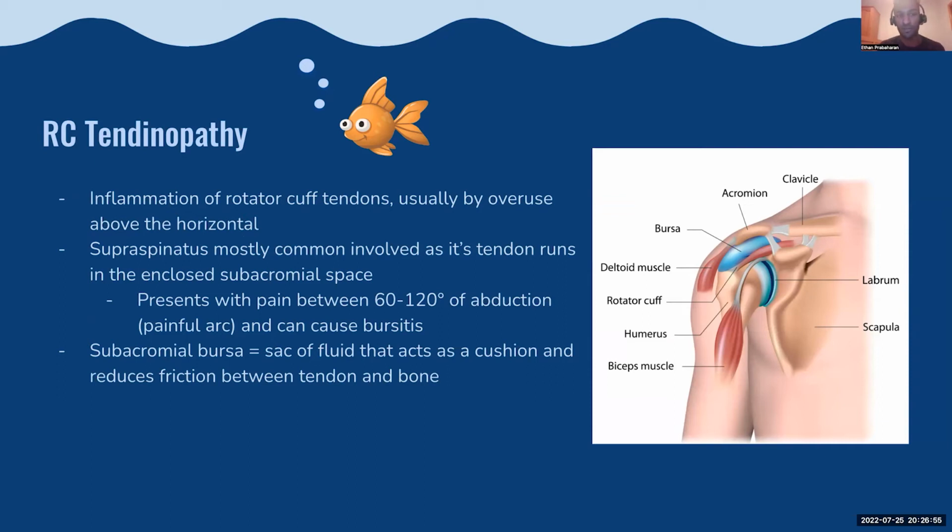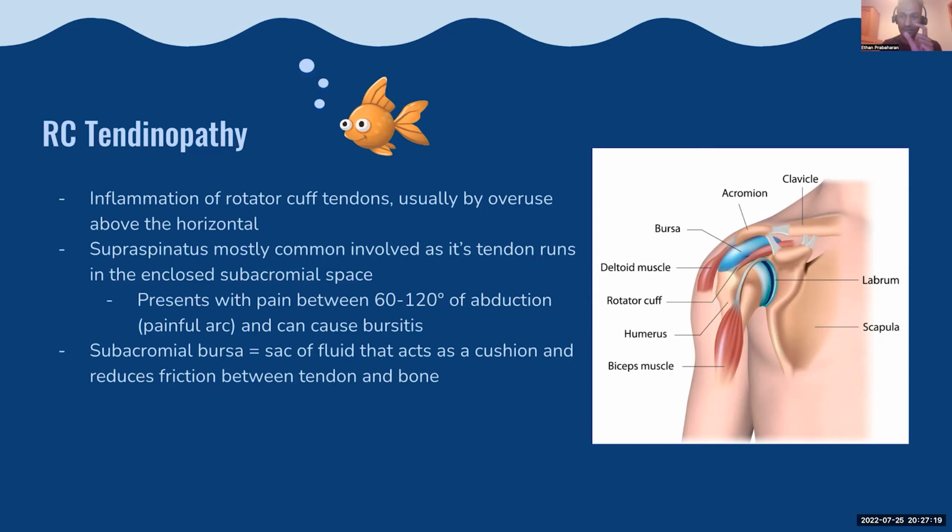The muscle most commonly involved is supraspinatus, and its tendon runs in the enclosed subacromial space, subacromial meaning below the acromion. If we think about the acromion here, we have a bursa, which is a sac of fluid that acts as a cushion to reduce friction between the tendon, which lies underneath it, and the bone, which is the acromion.